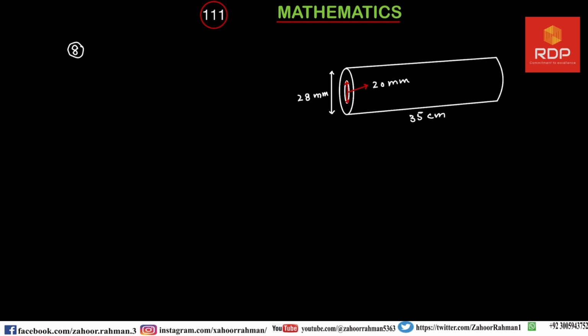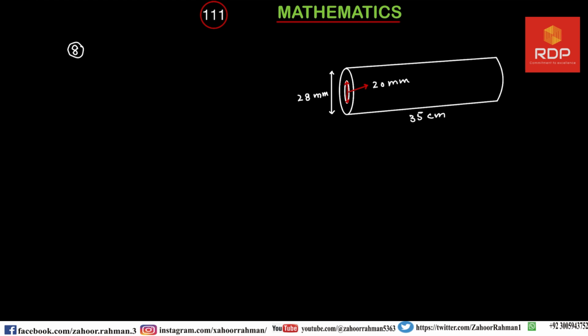The question says the figure shows a metal pipe of length 35 centimeters. The internal and external diameters of the pipe are 20 millimeters and 28 millimeters respectively, as you can see in the figure.